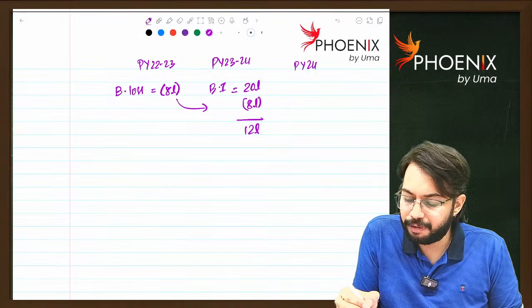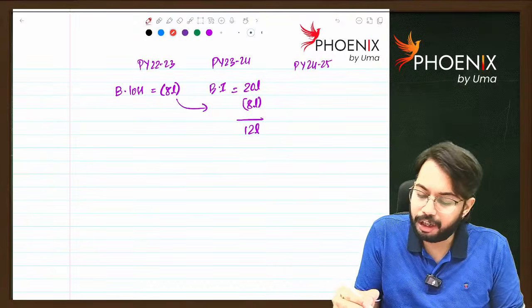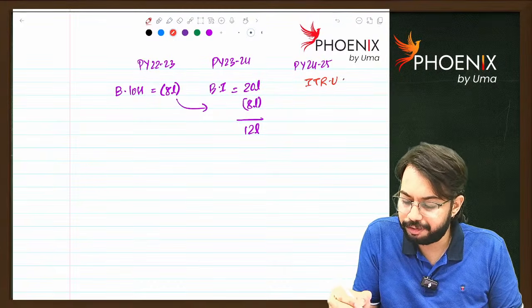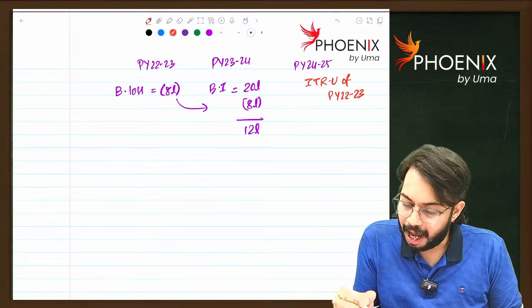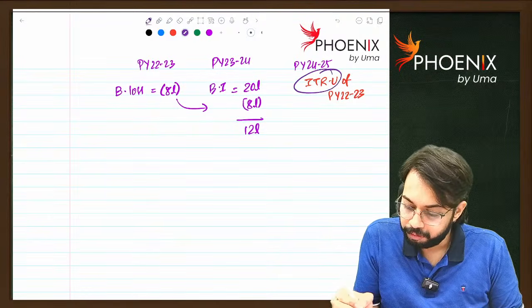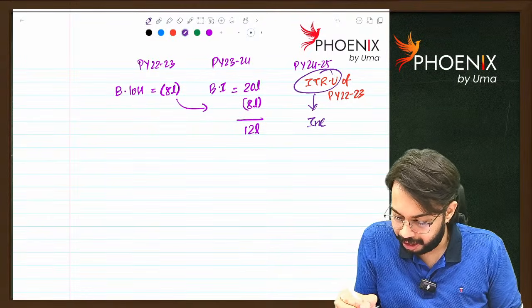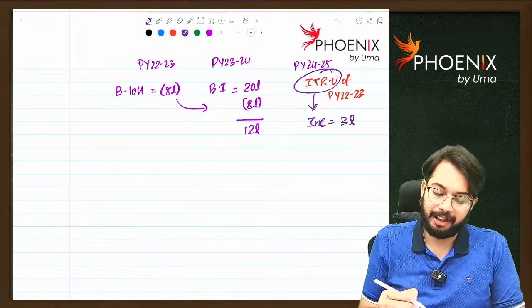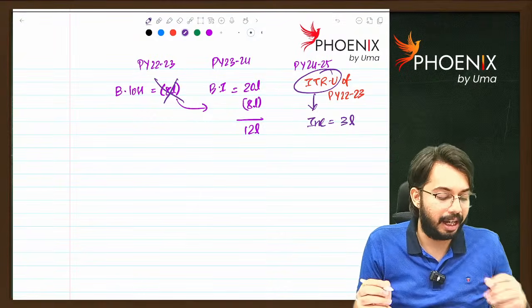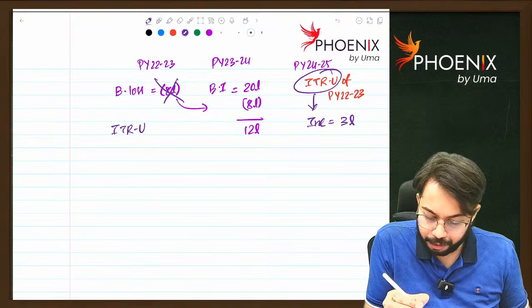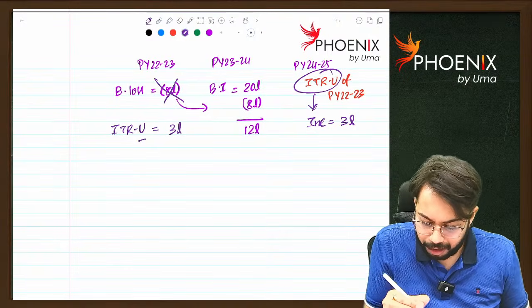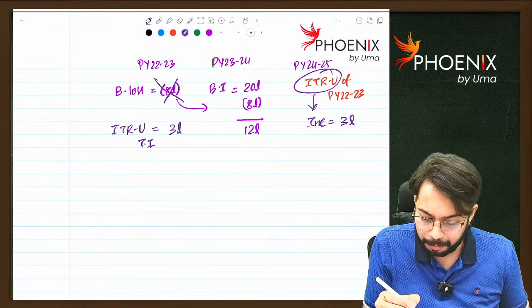In previous year 24-25, you wanted to file ITR-U of previous year 22-23, and as per ITR-U, you disclosed your income is 3 lakh rupees. That means this business loss of 8 lakh rupees you are avoiding, and you filed ITR-U. As per ITR-U, you disclosed total income of 3 lakh rupees.